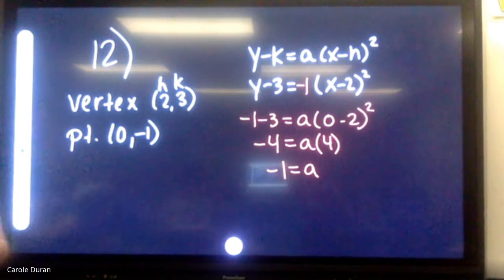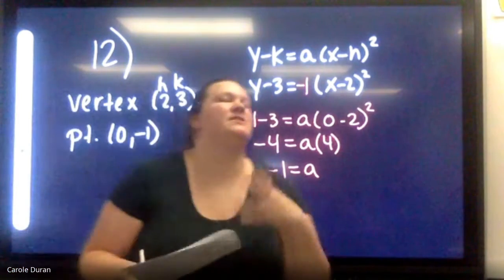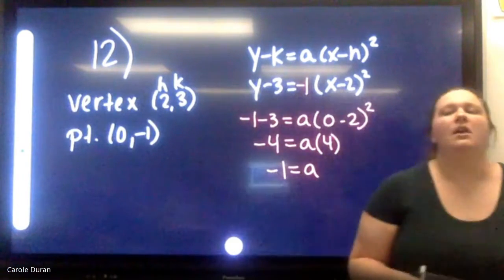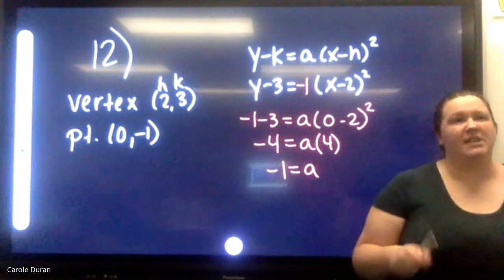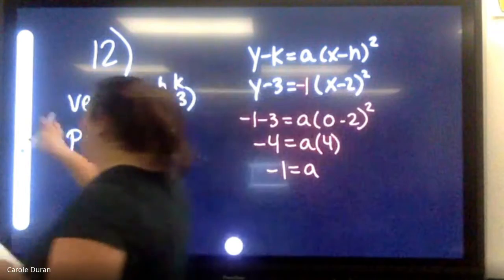Just saying. Okay. So number 13 is extremely similar to this one, so I don't necessarily think we need to work through it. Just know that instead of setting it up in vertex form, we set it up in intercept form. I'll show you how to set it up, but we won't solve it.